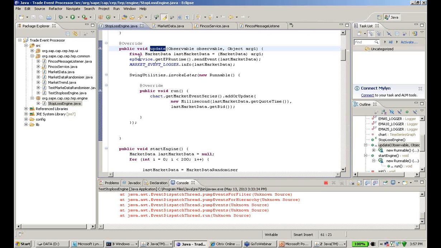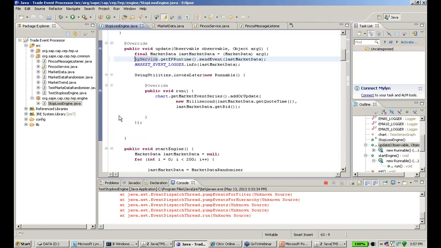As soon as the stop loss engine receives the market data, it sends that data to the Esper engine. If you look at this statement, line number 63, it is sending that data to the Esper engine.